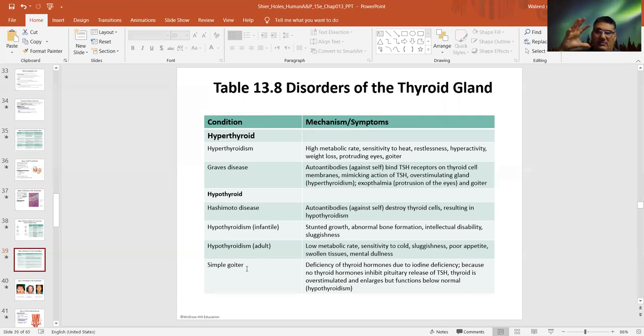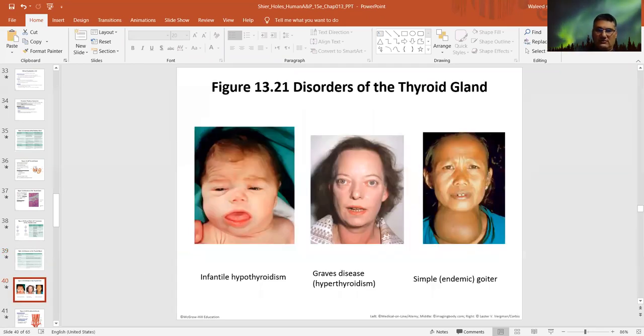And why does it become bigger? Because you don't have enough iodine, so you cannot make enough thyroid hormone. Negative feedback will lead to increased TSH and stimulate the gland, and it will tell the gland, why are you not secreting enough thyroid hormone? Secrete more, secrete more, secrete more. The size of the gland will increase, and we call that goiter.